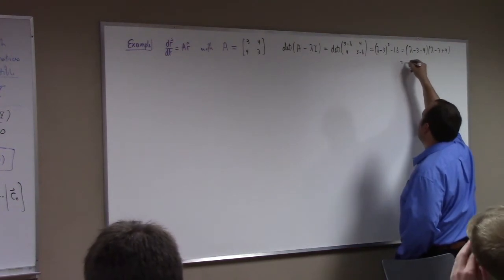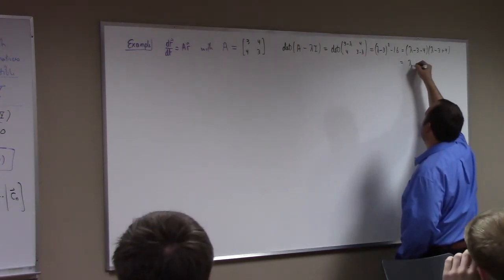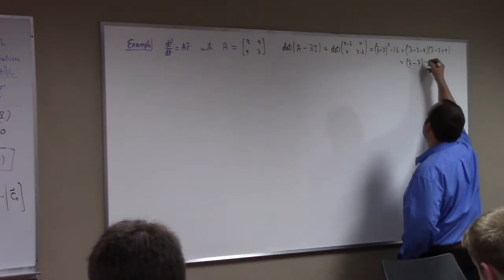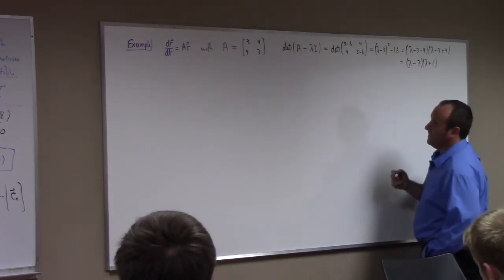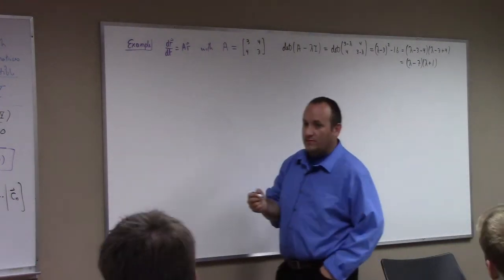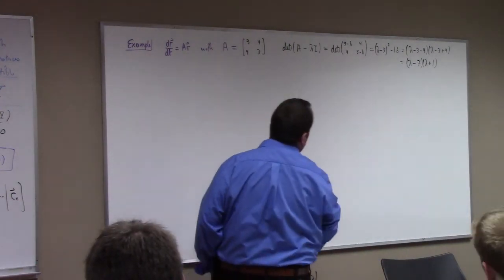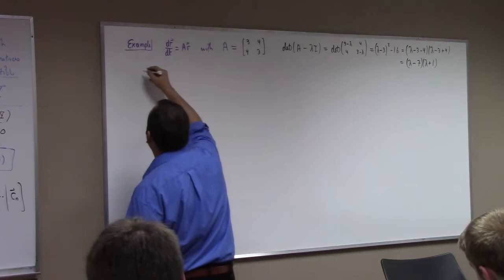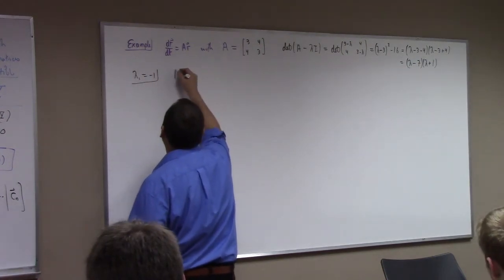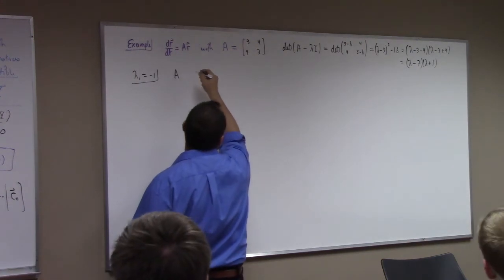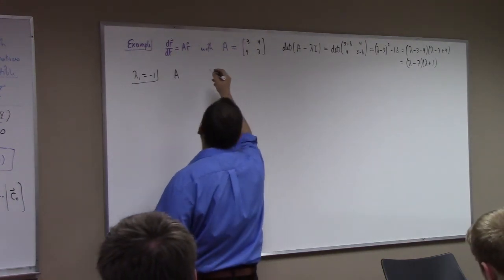Or, like you guys probably have factored in a less weird way, lambda minus 7 times lambda plus 1. So we're looking for eigenvectors with eigenvalues 7 and minus 1 respectively. I'll start with the minus 1. Lambda 1 equals minus 1. I'm looking to find something in the null space of A plus I.